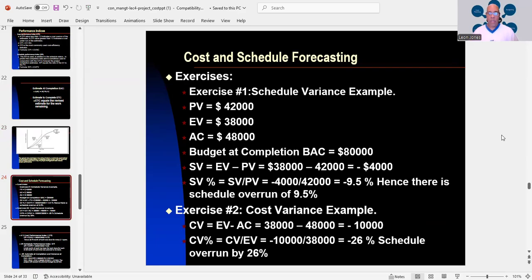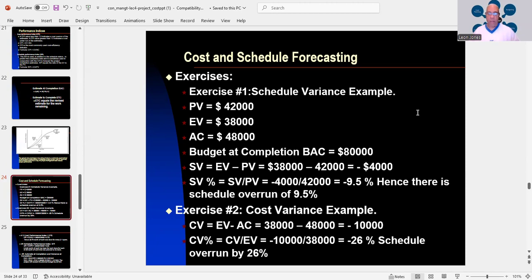Now, again, there are some different exercises, and this is how it's done. Exercise 1, we have your schedule variance example. We're given the PV at $42,000, the EV at $38,000, and your AC at $48,000.